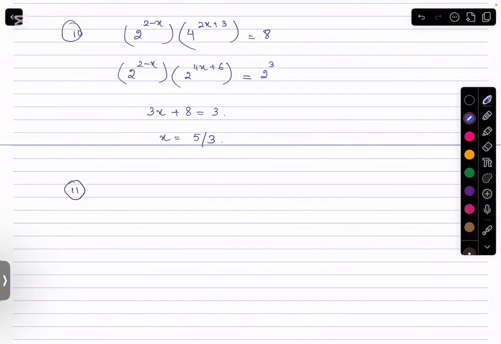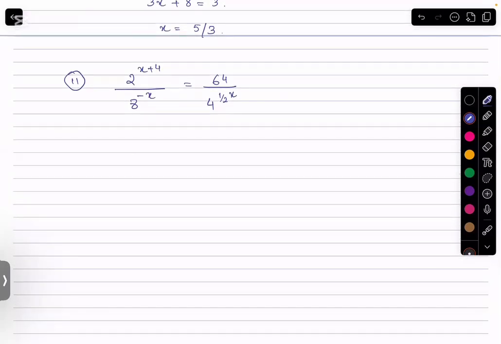Good. Now it's 2 to the power of x plus 4 divided by 8 to the power of minus x, which is equal to 64 divided by 4 to the power 1 by 2x. How do we solve this? I can see a 2, I can see an 8. What bases do I see? 2, 8, 64 and 4.